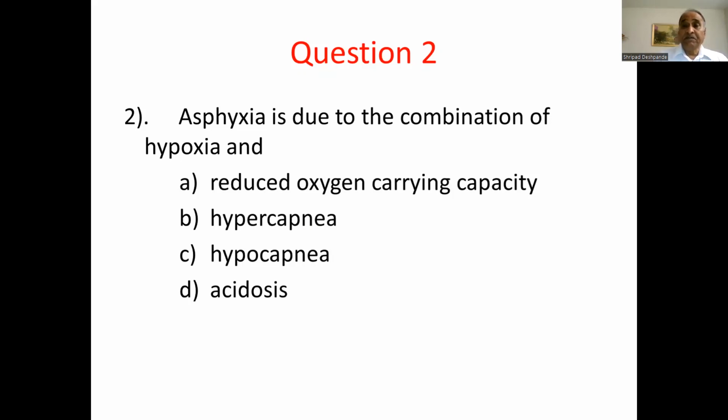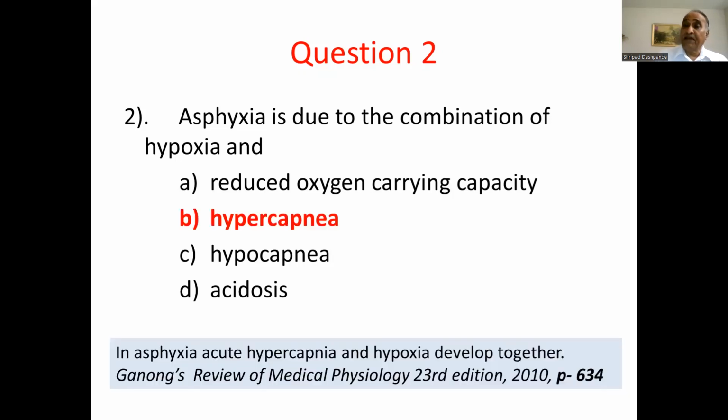Thus, there would be oxygen lack, and also the carbon dioxide is not eliminated. So there is a buildup of carbon dioxide that produces hypercapnia. Hence, the answer to this question is option B, hypercapnia.